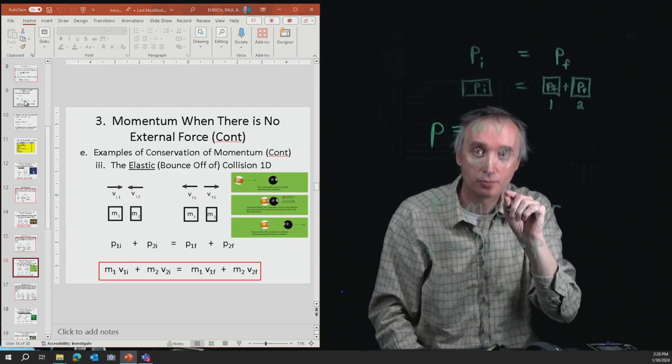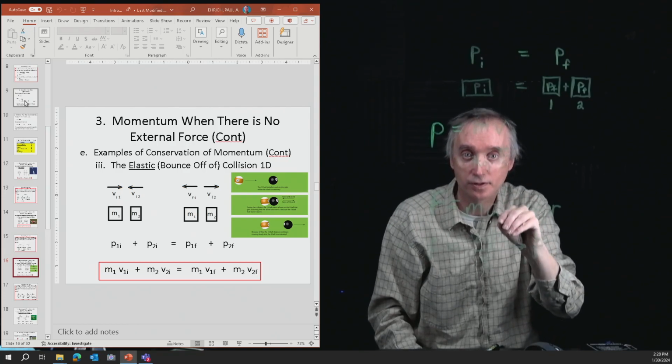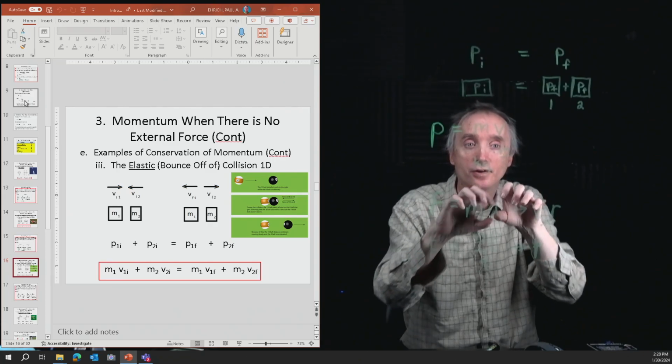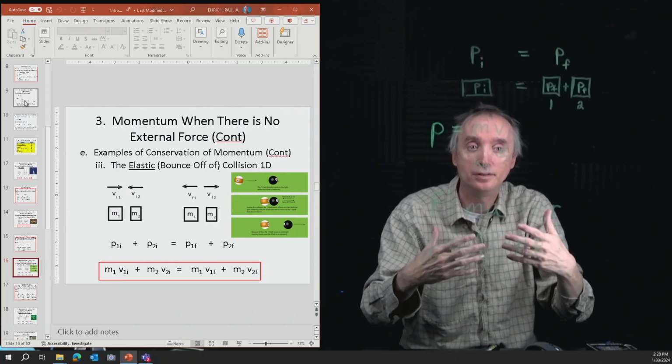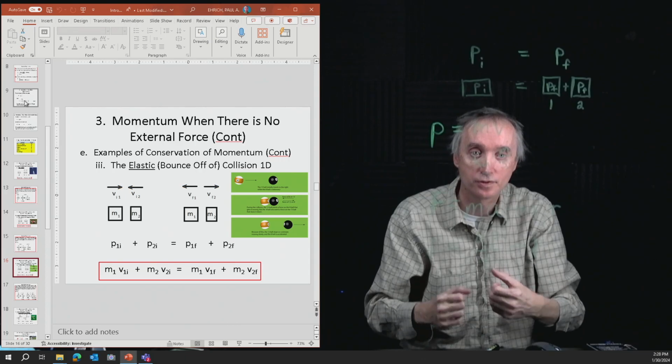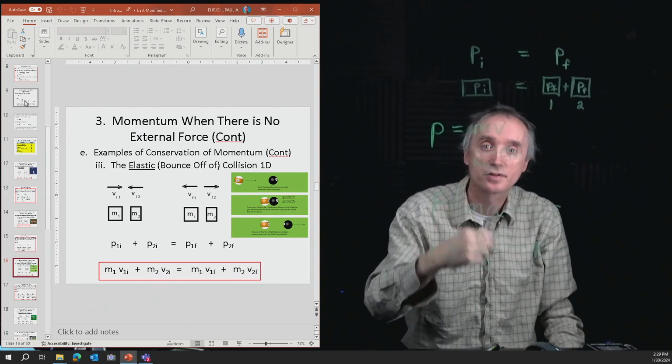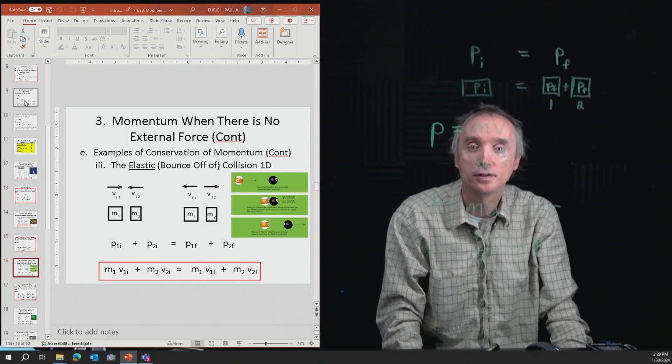This is a perfect elastic collision, which means that when they collide, they're not going to give off any heat. They're just going to collide and bounce off, so this is a perfectly elastic collision.